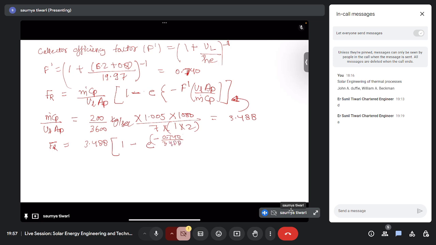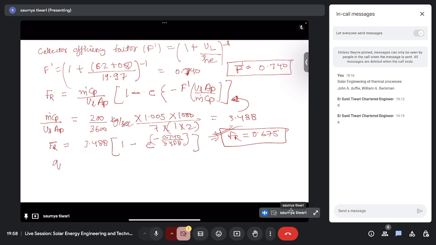When you solve this, your FR value will be 0.675. So we have calculated the F dash value 0.740 and the FR value. From that, what we can calculate now is your useful heat gain.